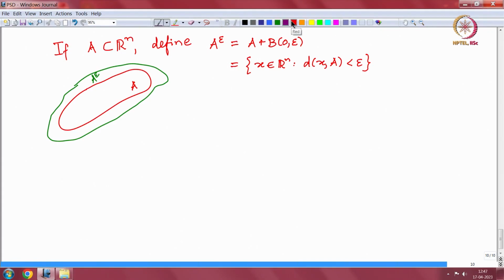Okay. So, now we can state this result. As I said, many of these results will not be proved. These are prerequisites, but I will just mention or sketch wherever possible. Let me write it as a theorem.